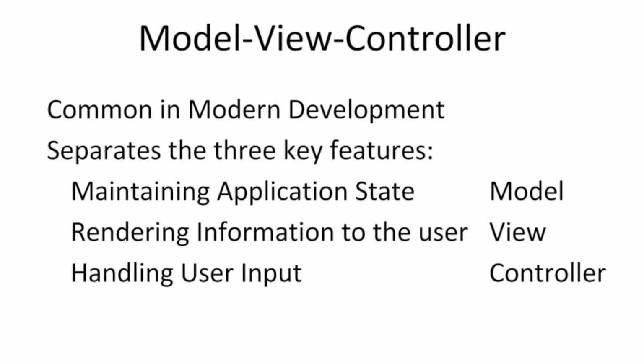So for example, if we were doing a bookshop app, the model would store the book details, how we interact with the book details, the locations, bookshops and so on, all stored in the model. The view, however, is purely there to display information to the user and to respond to inputs from the user. The controller is the bit that glues it together. The controller handles that user input and interacts with the model to retrieve and pass data.